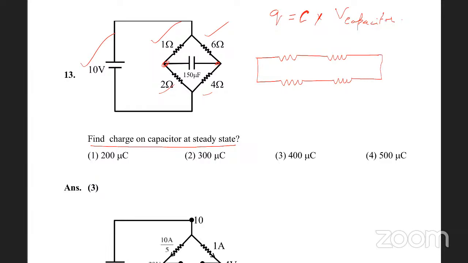Look at this. It is a 10 volts battery, 1 ohm, 6 ohm, 2 ohm, 4 ohm.